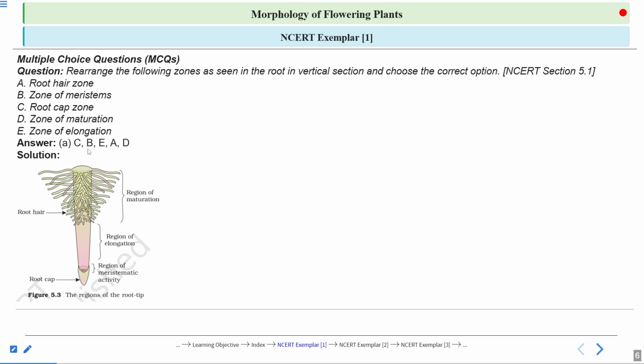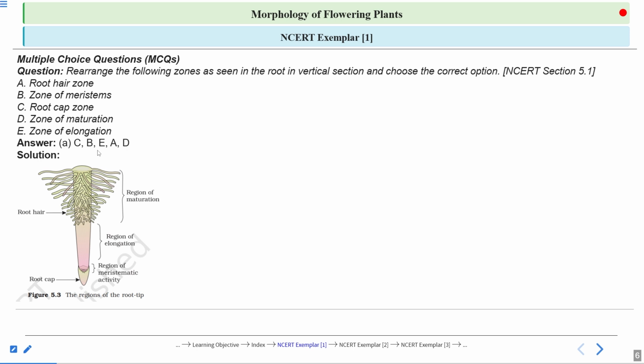So it will be B. Then there is a region of elongation. So after the meristematic activity, there is an elongation of the cell. So here, this is the region of elongation, right? That is represented by E.